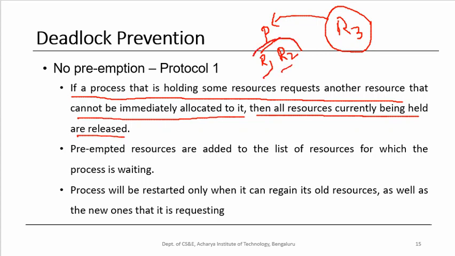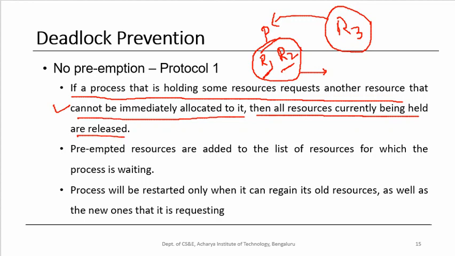That's what is known as preemption. So if there is any other process in the system which is waiting for any of these resources, it can take those resources and complete its execution. That's the first protocol.